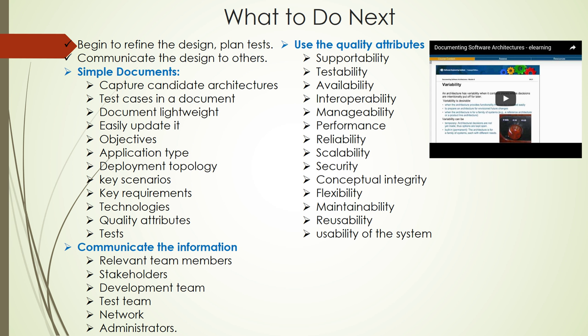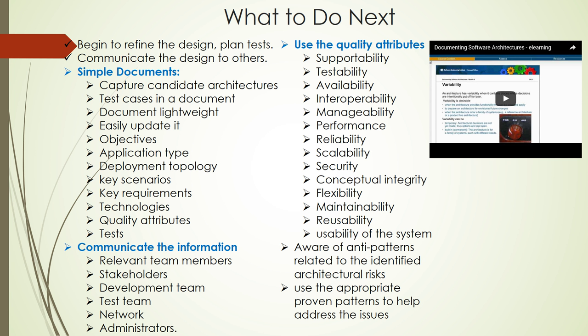You need to review all of these quality attributes in your design to help shape your design and implementation. For example, developers should be aware of anti-patterns related to the identified architectural risks and use the appropriate proven patterns to help address the issues.